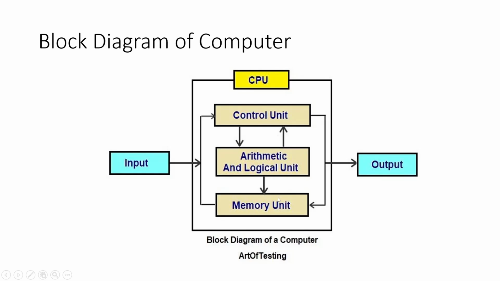Then the memory unit: after processing the data, it stores the data in its memory, and then sends the output to the output devices. This is the working of the entire block diagram.